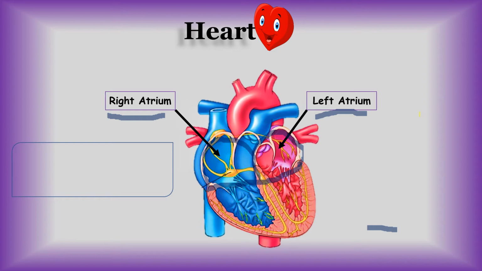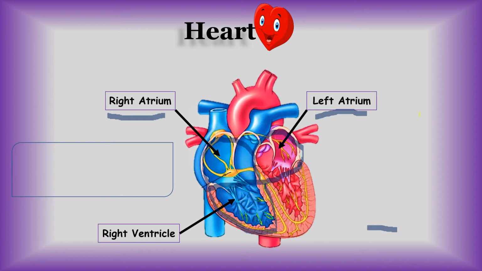Now, come to the lower part of the heart. Here, the blue part, that means the right side, the right lower chamber, which is also known as the right ventricle. This part of the heart collects blood from the right atrium and gives it to the lungs for purification.